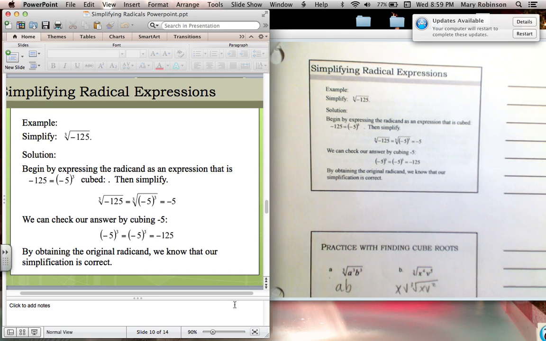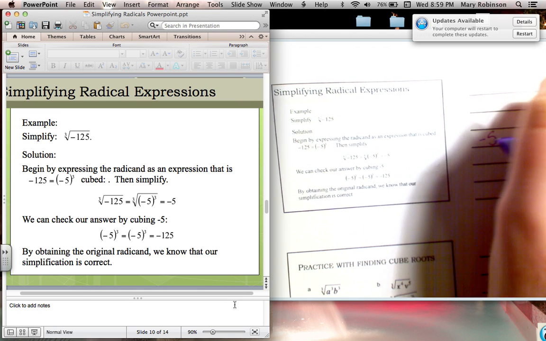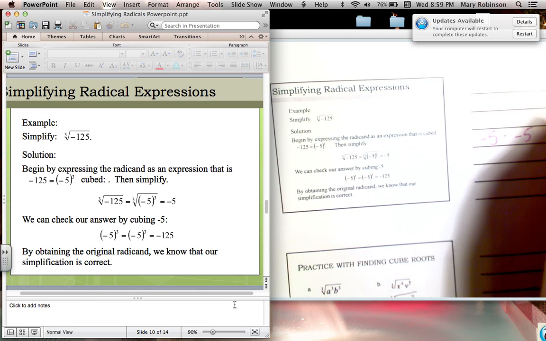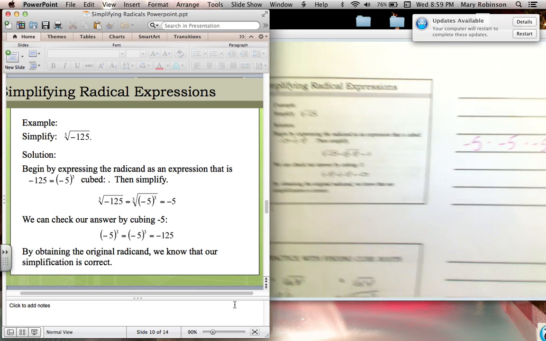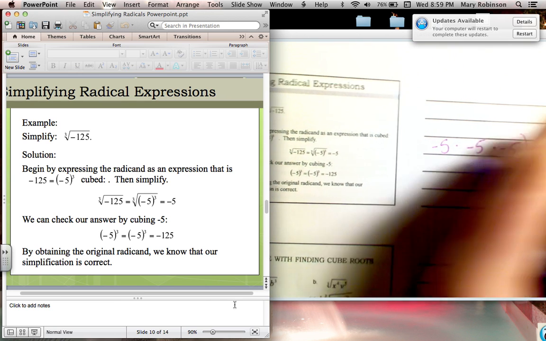So for an example, we have the cube root of negative 125. So what it's saying is, what to the 3rd power equals negative 125? Well, if we do negative 5 times negative 5 times negative 5, that would give us negative 125.